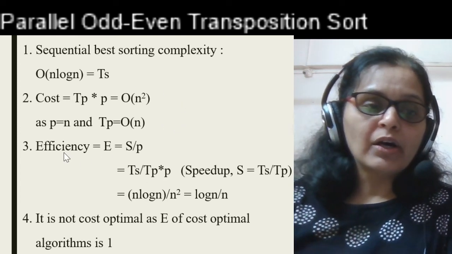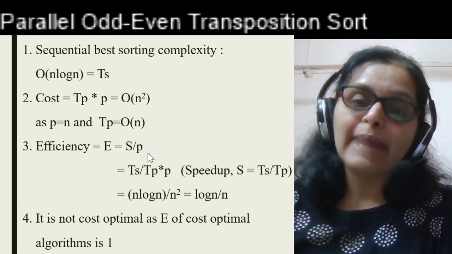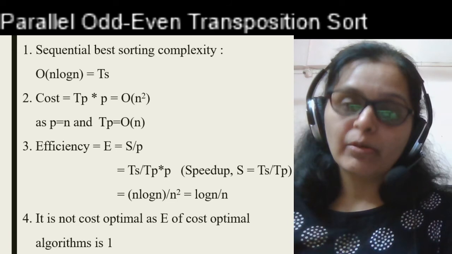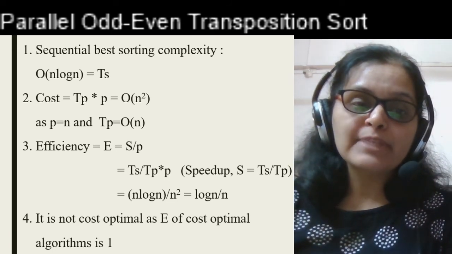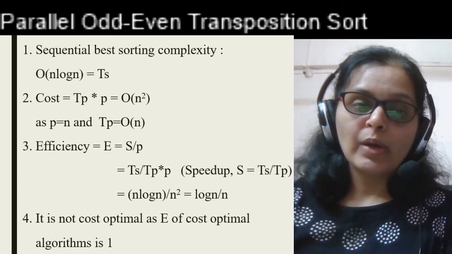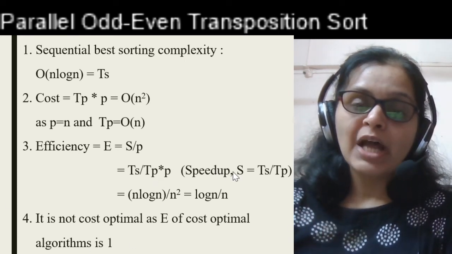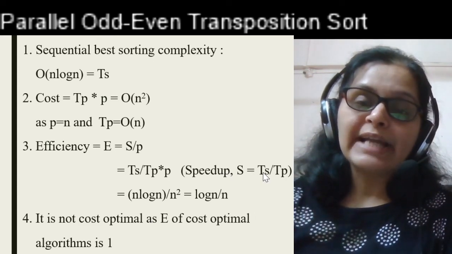And efficiency, the formula is E is equal to S by P. Now efficiency again uses one more performance metric, that is S. It is called speed up. Speed up is defined by the symbol S, and the formula for speed up is S equal to TS by TP.